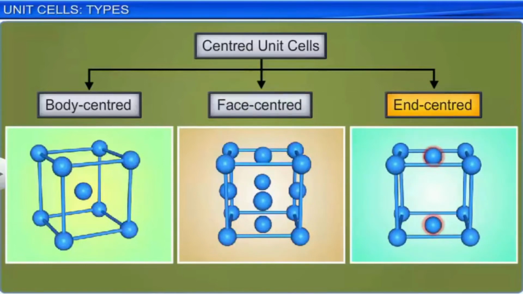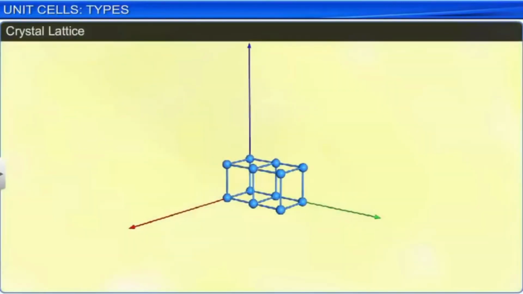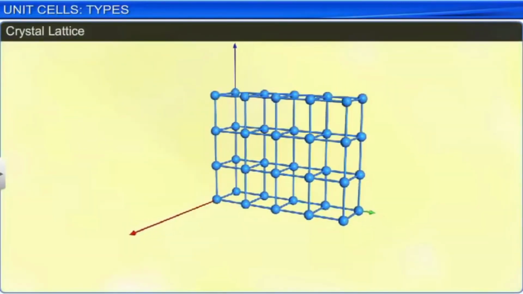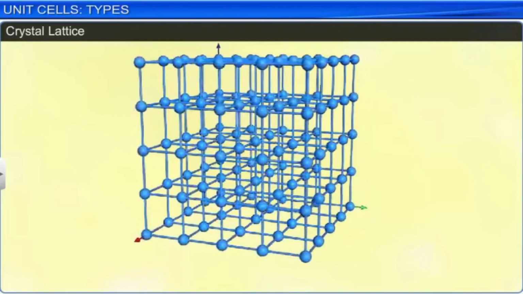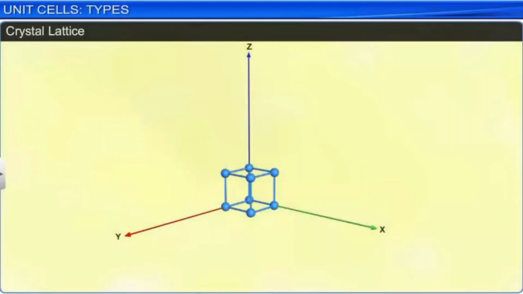You know that a three-dimensional crystal lattice is generated by the translation of lattice parameters a, b, and c.